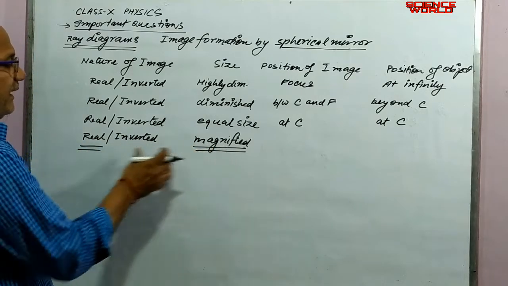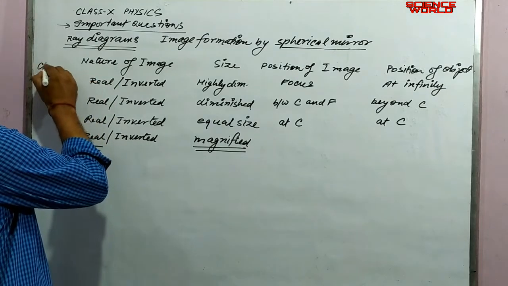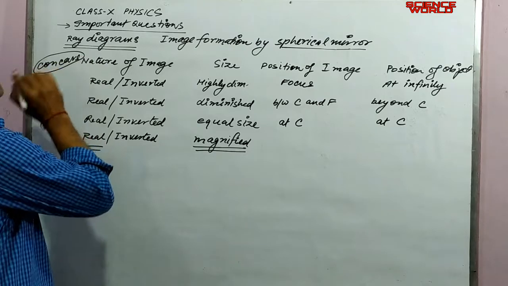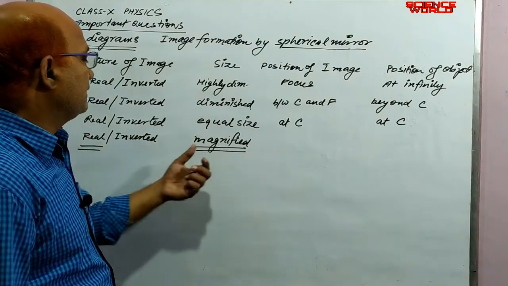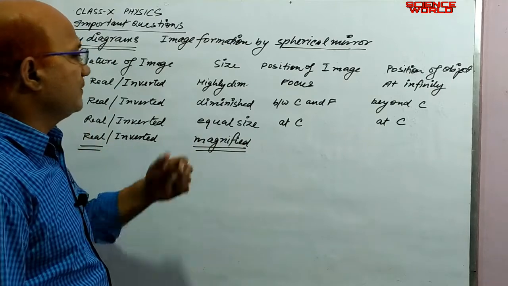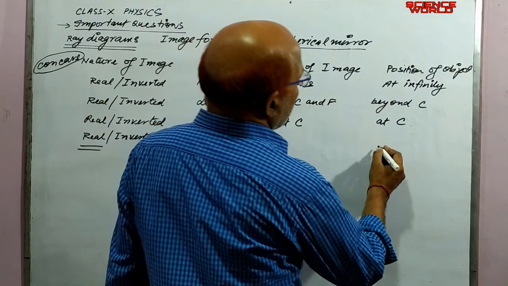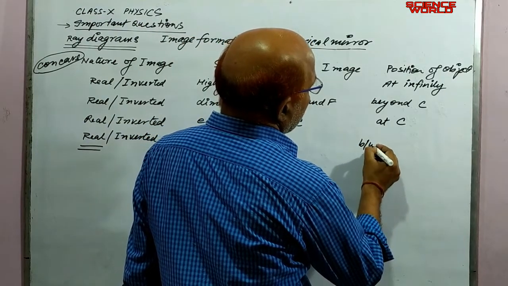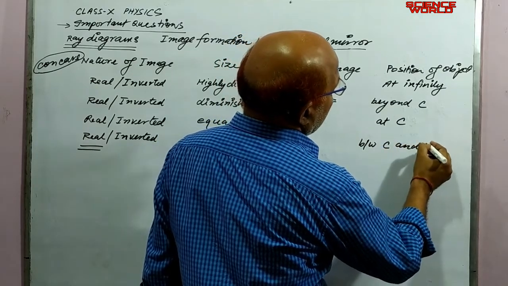Image is magnified and real and the mirror is concave. It is concave mirror. Okay. So, to get such image, where you place the object? Surely the object should be between center of curvature and focus.